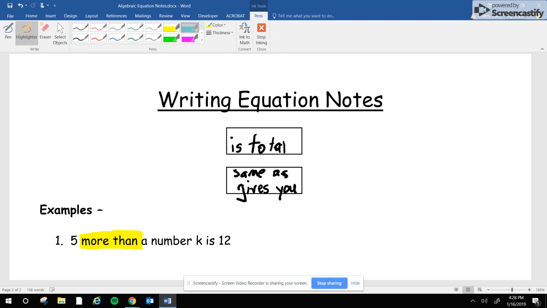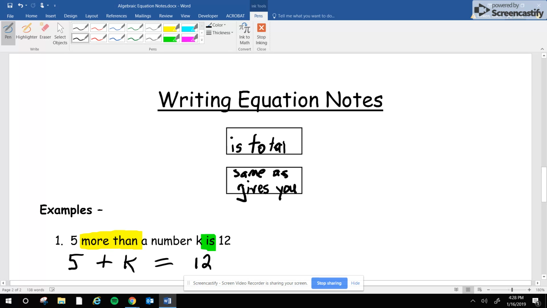And then, of course, I'm going to highlight the word is. So I'm going to write 5 plus a number k, which would be k, is our equals 12. So our two expressions would be 5 plus k, and the other expression would be 12, and they're equal.